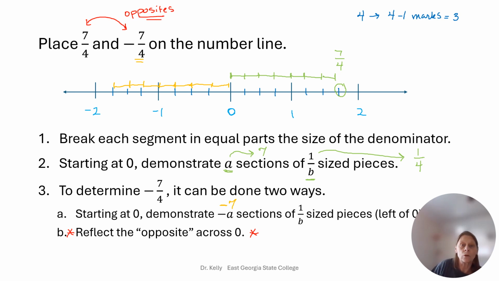So we could mirror this. We know that this is where positive 7/4 is, so we could come across here, find the mirrored spot, and know that this is where negative 7/4 is. So that's a couple of different ways that you can help your students in placing fractions.